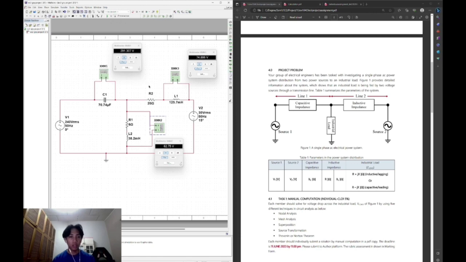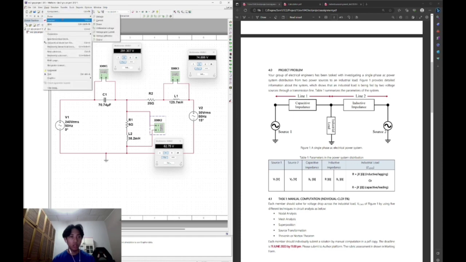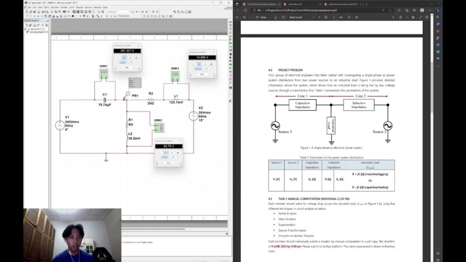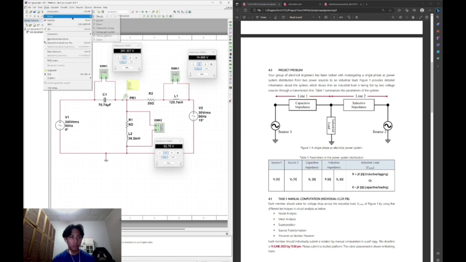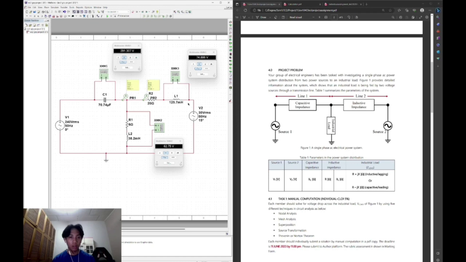For current, we can also use the multimeter, but we can also use the probe. Just place a current probe here. Since the current is the same throughout these two, we can put it here or here.